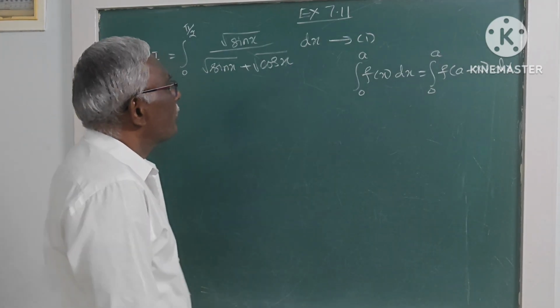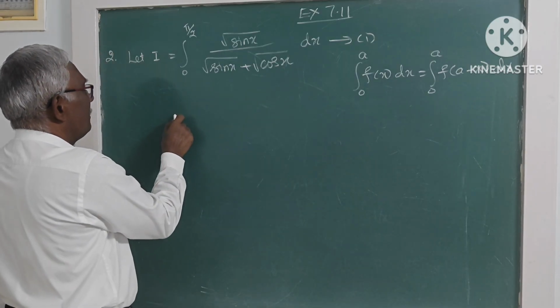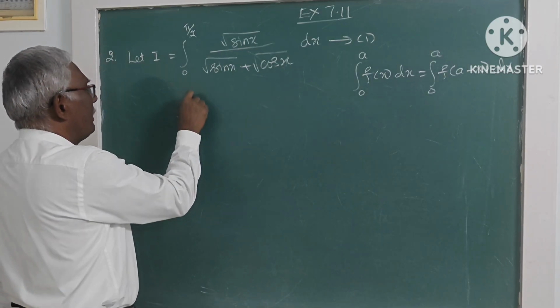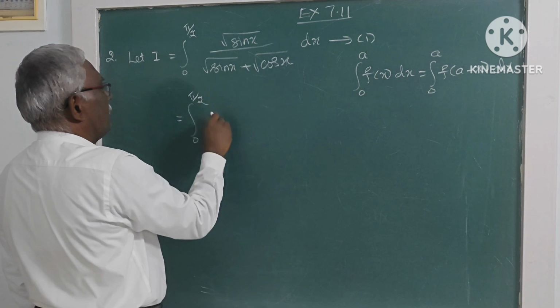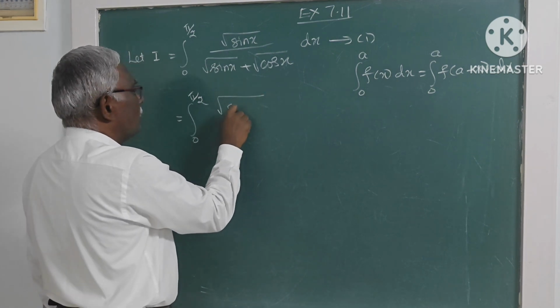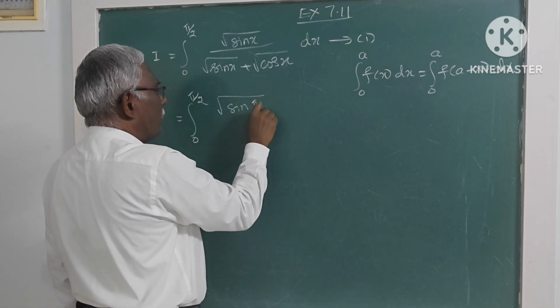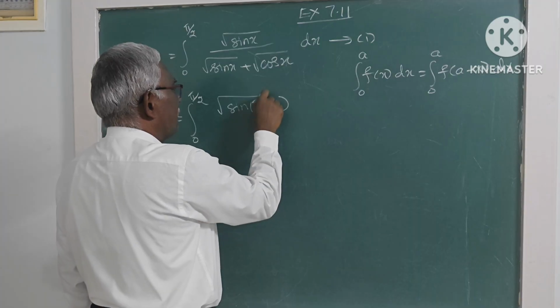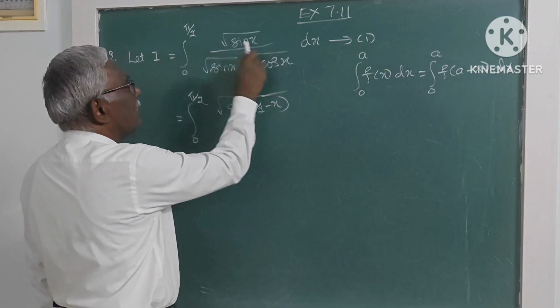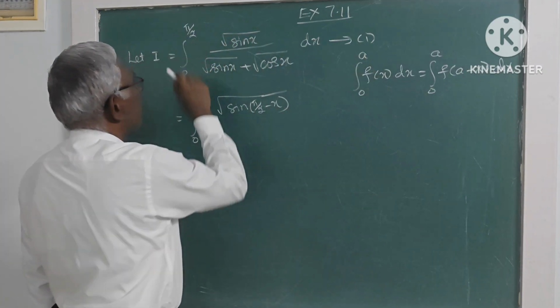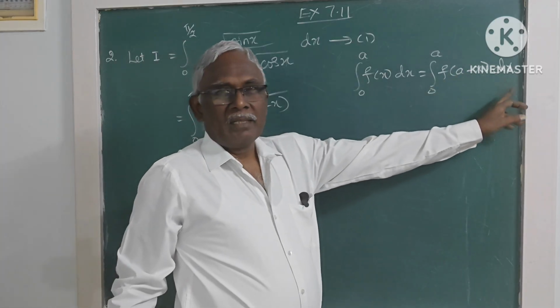Now we'll use that property. You can write this as integral 0 to pi by 2 square root of sin of pi by 2 minus x.